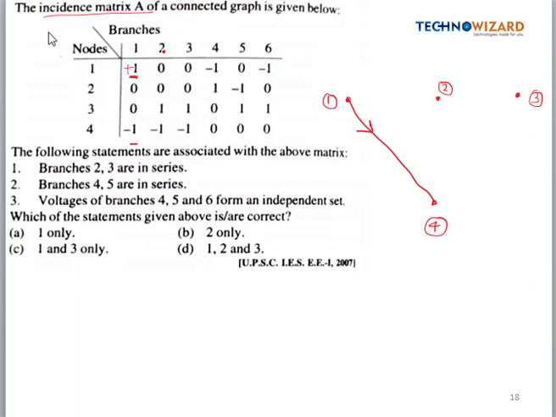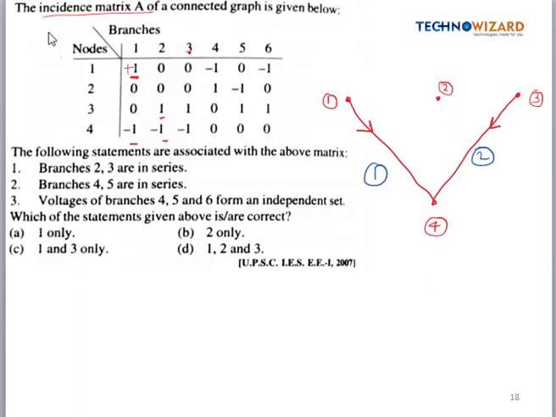Similarly, branch 2 is connected between node 3 and 4, so let's draw it like this. This is branch 1, and this is branch 2, connected between node 3 and 4. Positive is toward node 3, so the current is flowing in this direction.